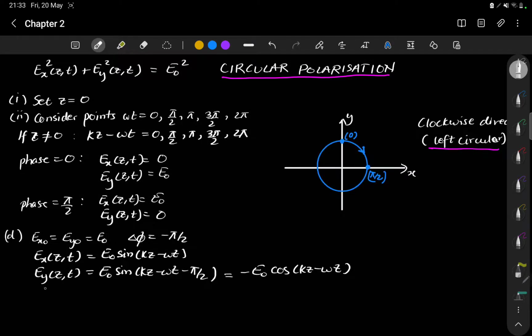Now again, if we look at Ex squared plus Ey squared, this is equal to E naught squared. So this is again circular polarization.